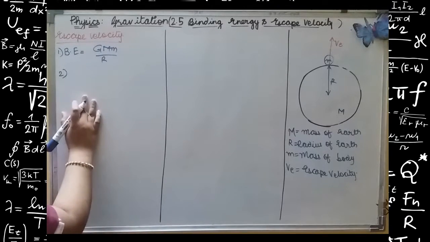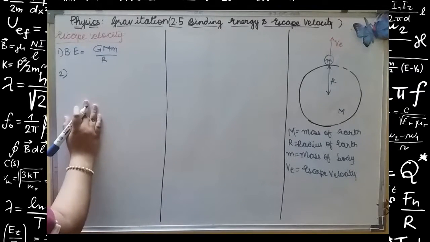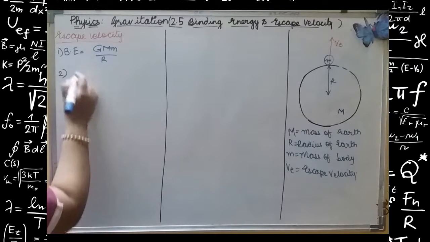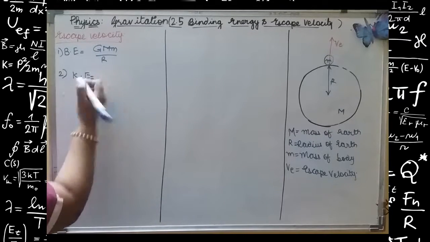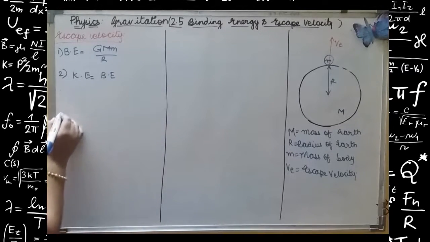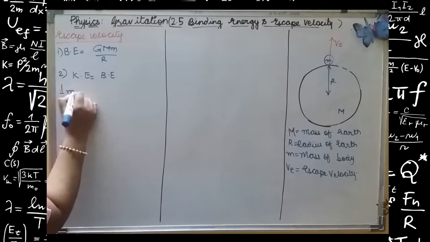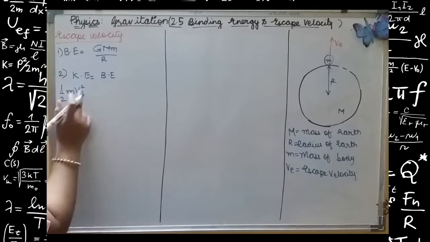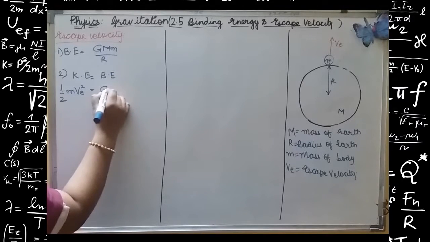In order to escape the earth, kinetic energy must be provided to get the body moving. So kinetic energy is equal to the binding energy of the body. What is kinetic energy? Half mv square, but here since it is escape velocity, half m Ve square. And what is binding energy?